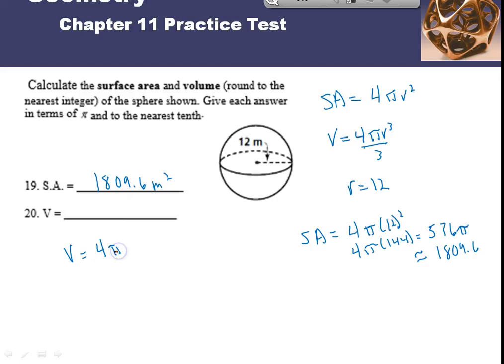4 pi r, well remember r is 12, cubed over 3. So 4 pi 12 cubed is 1728 divided by 3.